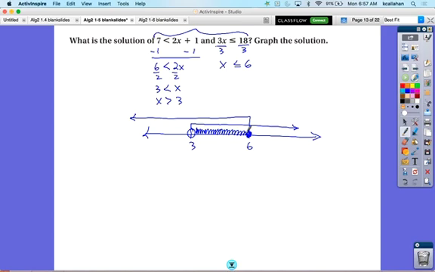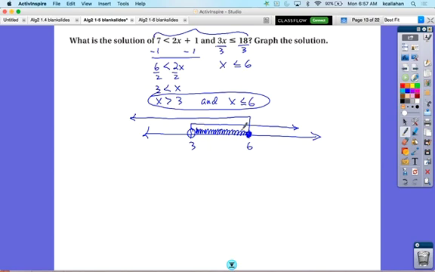Now, if you were going to write this with words, you would have to say the solution is x is greater than 3 and x is less than or equal to 6. If you don't write it with and in there, it's not all the way correct. I mean, out of 5 points, I'll probably take off 1. Okay, but it's not all the way correct. If you accompany just x greater than 3 and x less than or equal to 6 with a graph that clearly shows your shading of the solution, that it's not like all the way to the left and it's not all the way to the right, it's just the shaded area in between, then that's okay too.